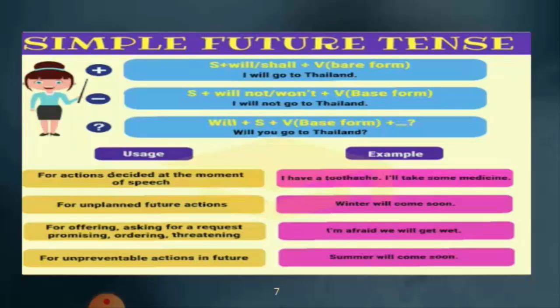Another usage is for offering, asking for a request, promising, ordering, or threatening. For example, I'm afraid we will get wet. It is also used for unpreventable actions in the future. For example, summer will come soon.